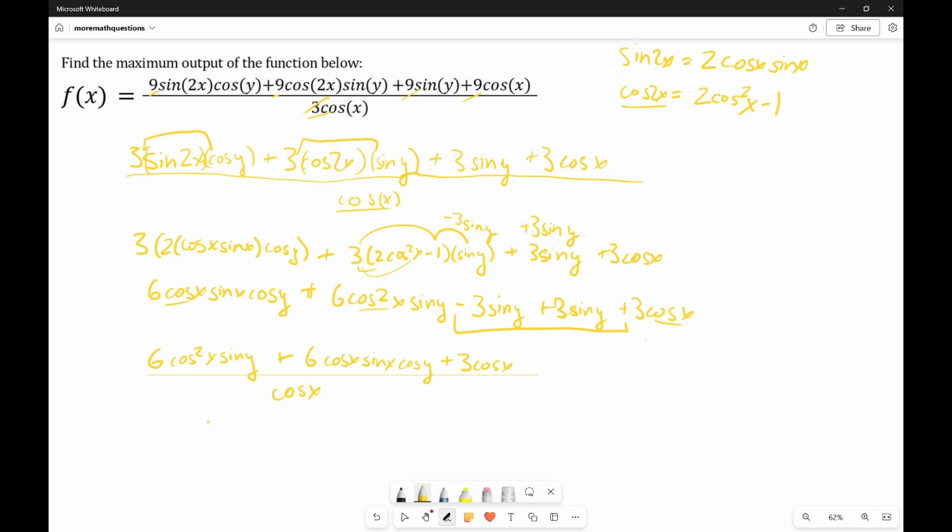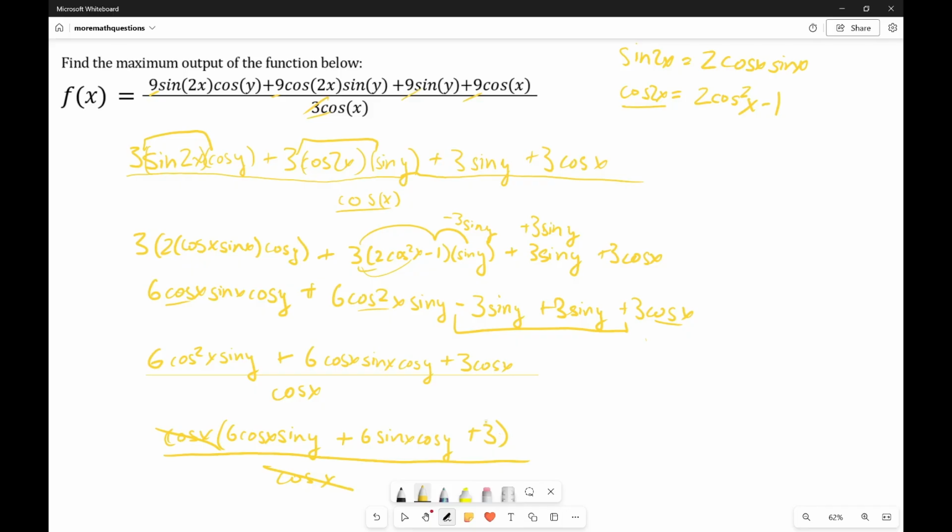Okay, now let's factor out the cosine and see what we get. So we can do cosine x on the outside and say 6 cosine x sine y plus 6 sine x cosine y plus 3, all divided by cosine of x. This cancels and this cancels.